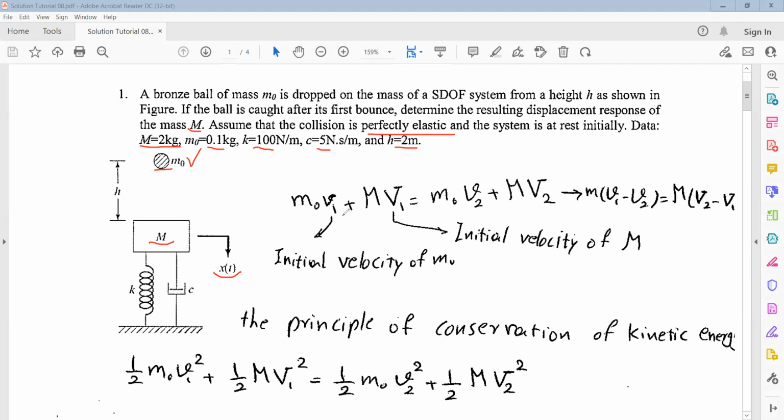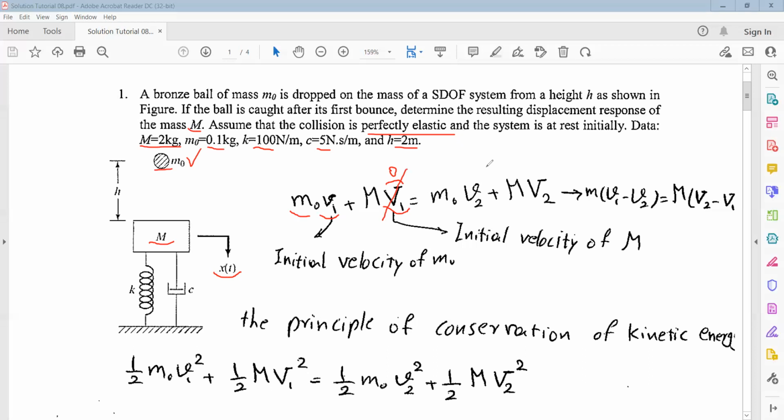For the linear momentum before the impact we have the mass multiplied by its velocity, where lowercase v sub 1 is the initial velocity of m naught, and uppercase V sub 1 is the initial velocity of the mass M. Because this system is initially at rest, definitely V1 is 0. But here we will not substitute 0 yet and we will solve it.